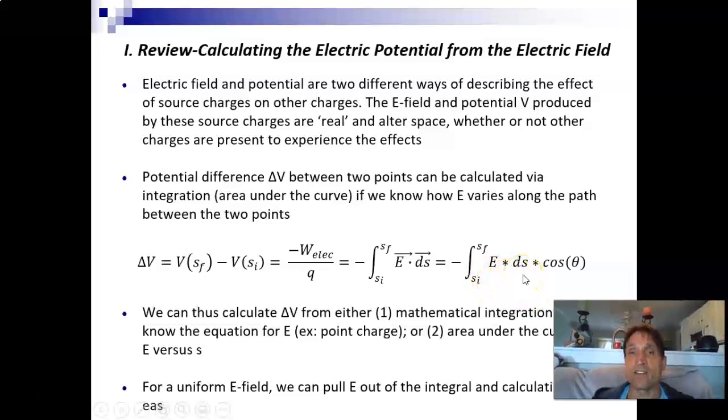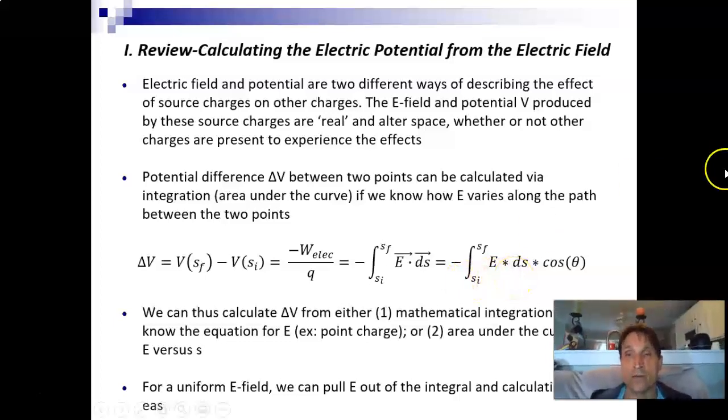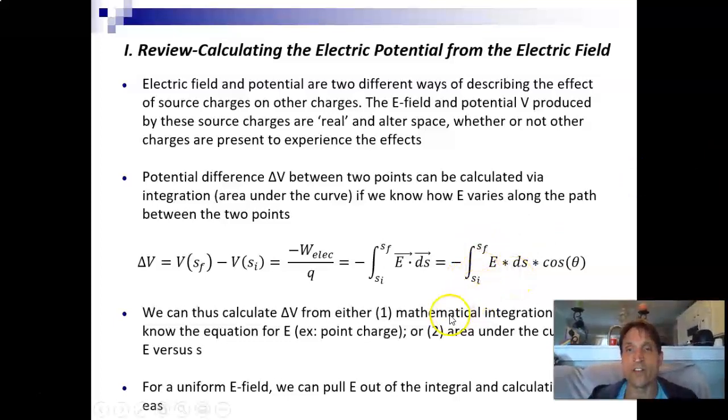And so we can get the potential difference as the negative of the area under the E versus S curve between 2 points. So these are both integration. This is what integration is. If we know the electric field, we integrate it and we can get the potential difference.